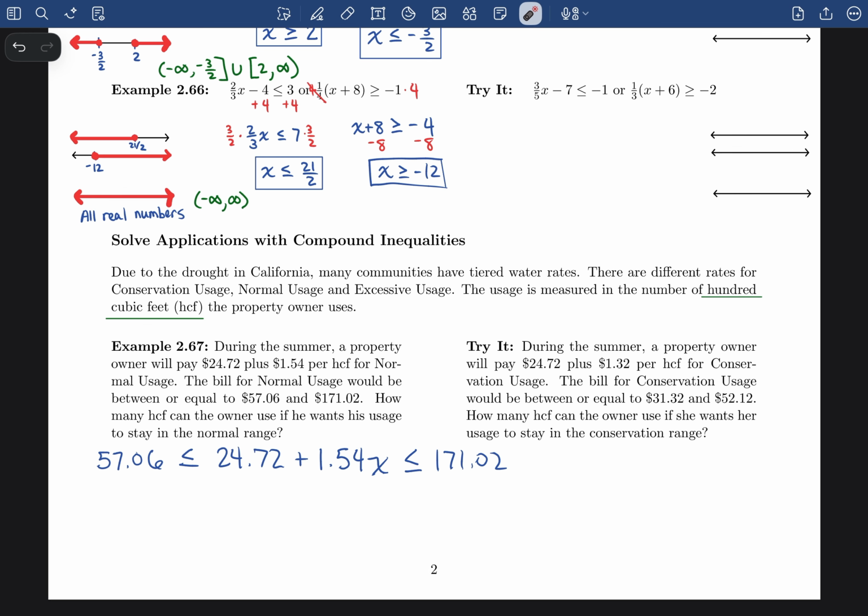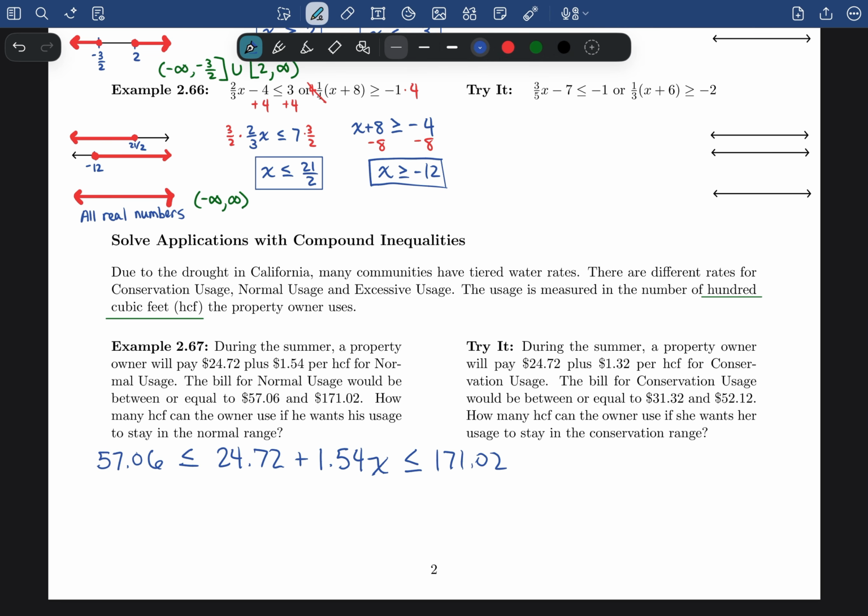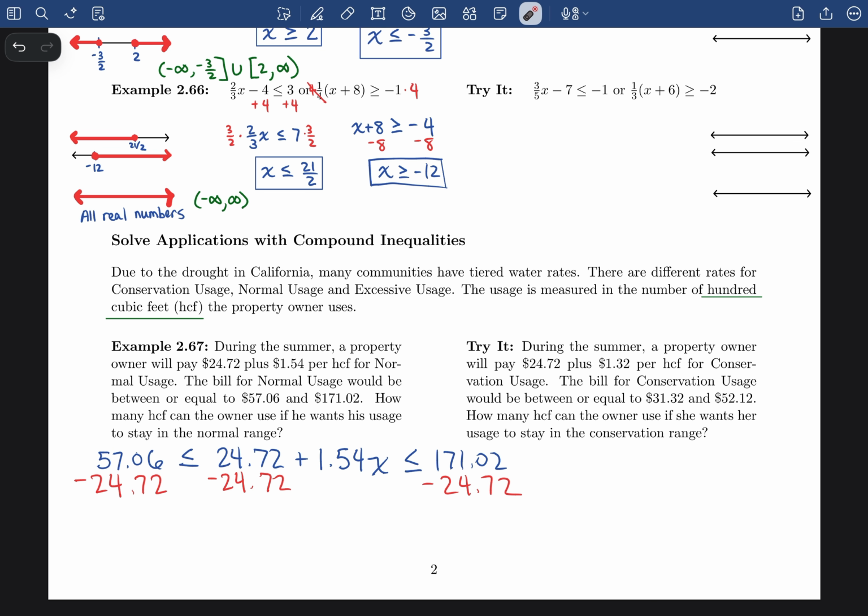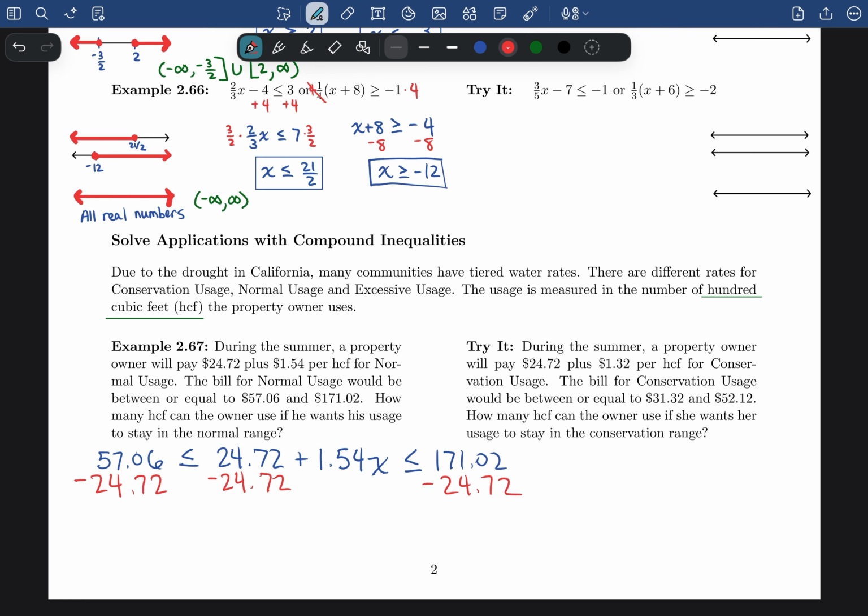Okay, great. So this is my starting point. And I want to solve this double inequality for the variable x. And so remember, we can do things like subtract across the double inequality on all the sides, like here and here. So I'm subtracting 24.72 from 3 different locations, here, here, and here. And I'm going to write my result.